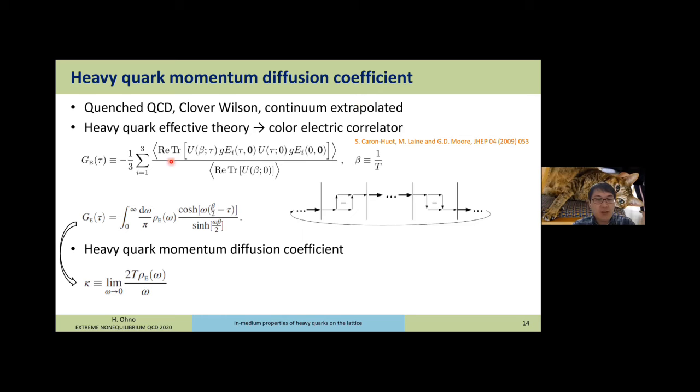And here, what we calculated is the so-called color electric correlation function, which corresponds to a static heavy quark system.